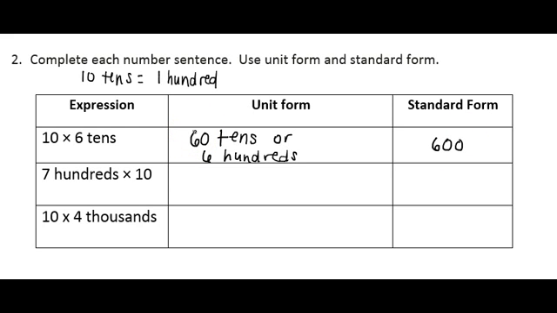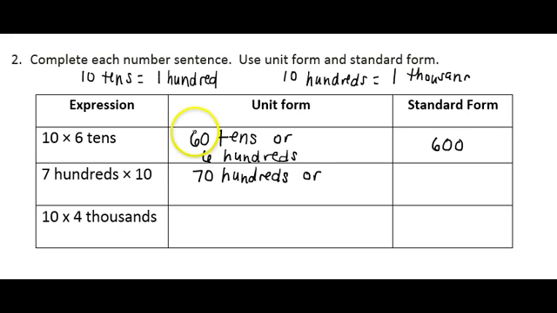In the next question, I have 7 hundredths times 10, so 7 times 10 is 70. That means I would have 70 hundredths. Or we could say that since 10 hundredths equals 1 tenth, and I have 70 hundredths, I would have 7 tenths.